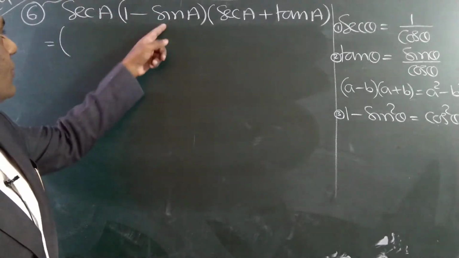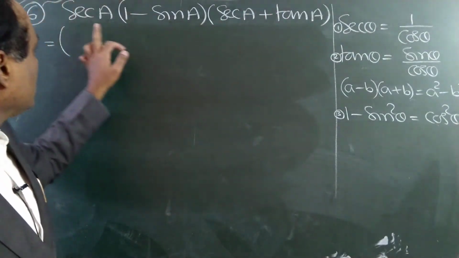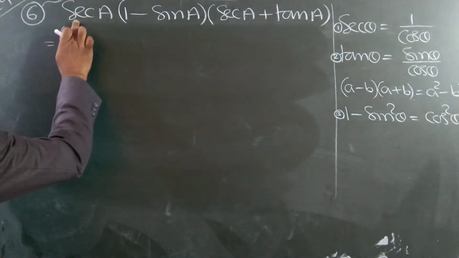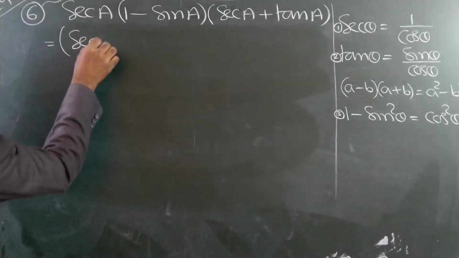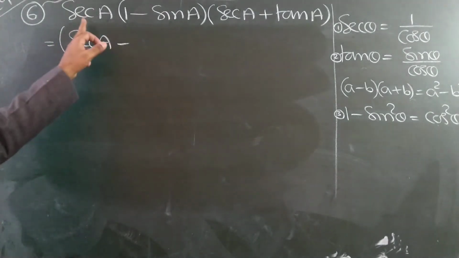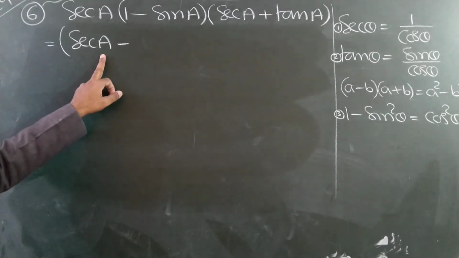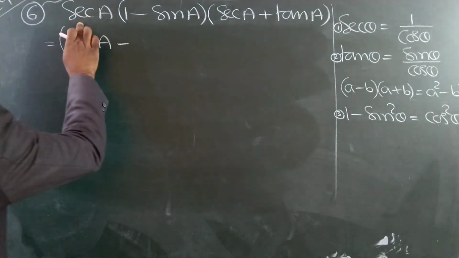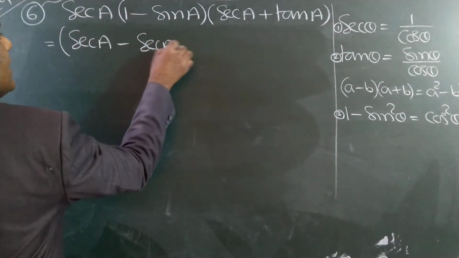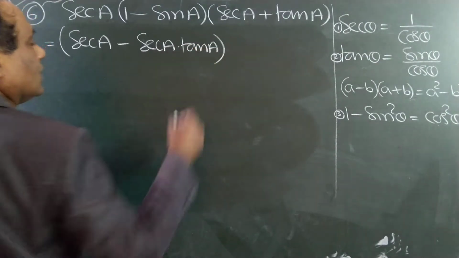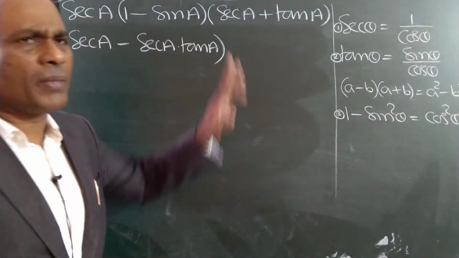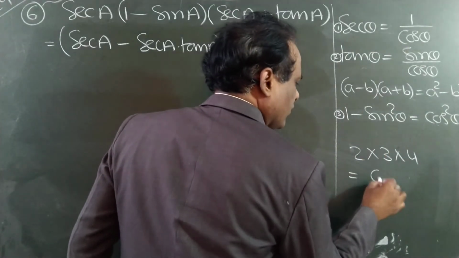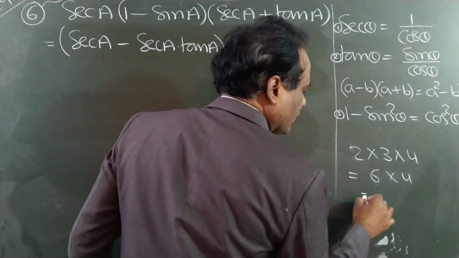First I will multiply these two products and keep this one the same. Secant A into 1, secant A. Secant A into this, secant A into tan A. See, if you have three multiplications, suppose 2 into 3 into 4, first 2 into 3 is 6, then 6 into 4 is 24.